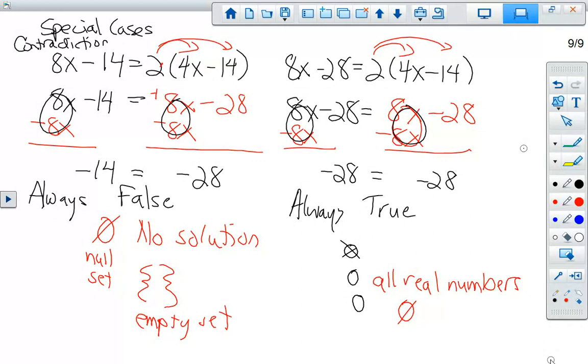When you get rid of one, you lose it here, but you don't lose it there. That's the usual case, and you get something like 3x minus 14 equals negative 28, and you go from there. You don't lose the variables. You still have something with an x in it. So when you finish this one up, you get that this one really is sometimes true.